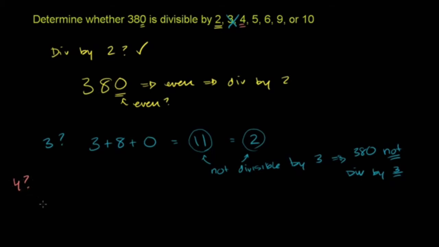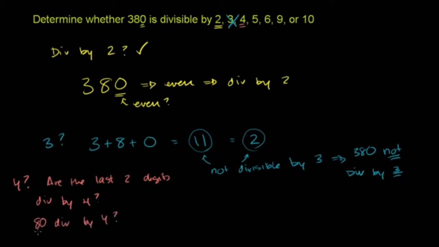Another way to think about it is, are the last two digits divisible by 4? And this comes from the fact that 100 is divisible by 4. So everything the hundreds place or above, it's going to be divisible by 4. You just have to worry about the last part. So in this situation, is 80 divisible by 4?